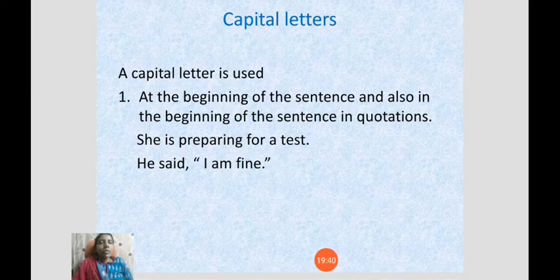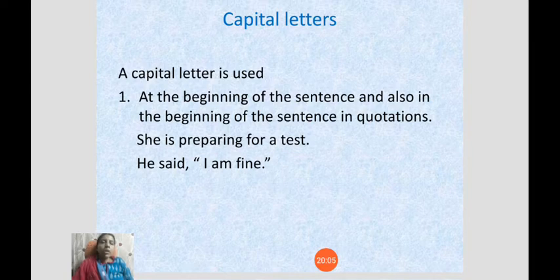The beginning word of the sentence is she. So the first letter of the word she is S, and that S is to be written in capital. When you begin any sentence, you need to write the first letter of that word in capital.